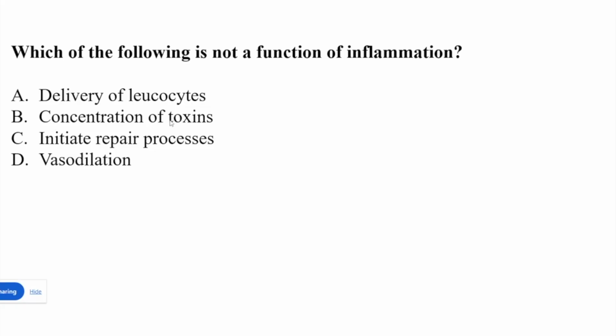But there is no concentration of toxins. Rather, during this inflammation process, it becomes more permeable, and because of the edema formation, a lot of fluid also gets transferred to the site of inflammation.